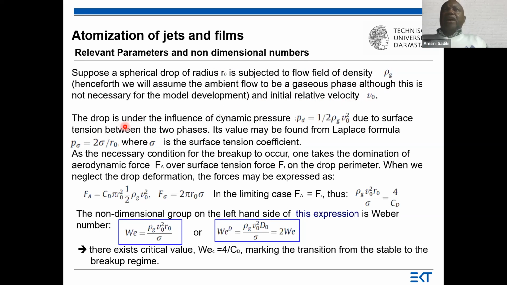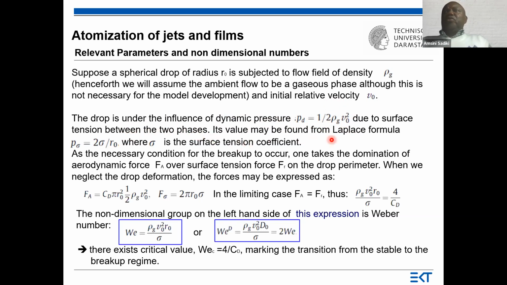So the droplet is under the influence of dynamic pressure. Okay, we know this. And the dynamic pressure, we can define it like this. From our knowledge of gas dynamics, it is a pressure generated by the kinetic energy, like this, due to surface tension between the two phases.